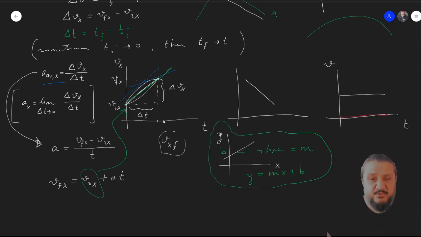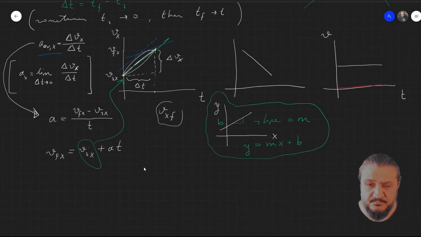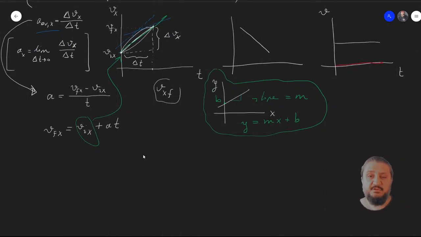So it's the equation of a straight line. This can be used to find the final velocity, given the initial velocity and the value of the acceleration. You can find your velocity at any given time.